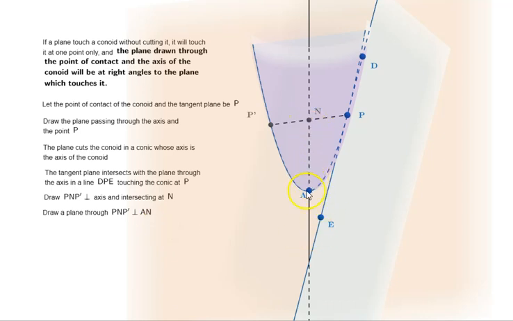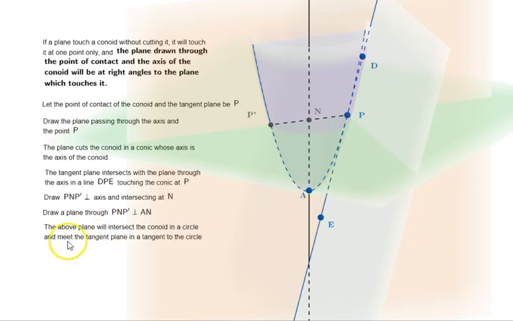perpendicular to AN. So here this green plane is a plane through P and P prime and perpendicular to the axis. Now this plane will intersect the conoid in a circle and meet the tangent plane in a tangent to the circle.